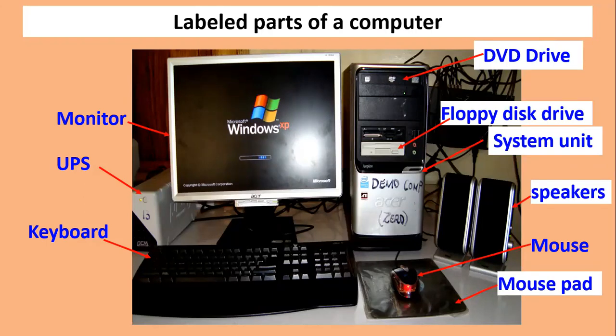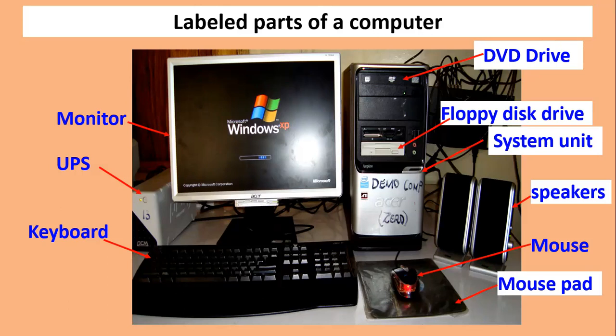Therefore, the key parts of a computer would include the monitor, the UPS, keyboard, DVD drive, floppy disk drive, system unit, speakers, mouse, mousepad, amongst others.